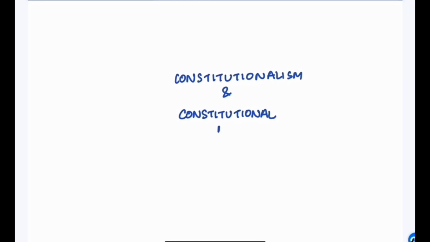The topic is constitutionalism and constitutional morality.